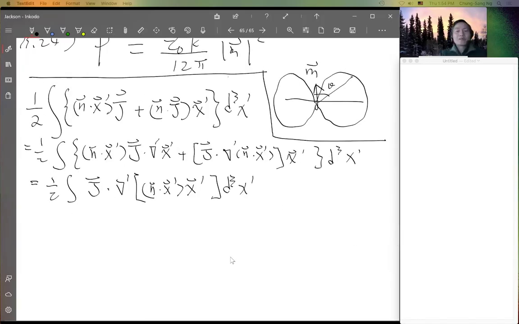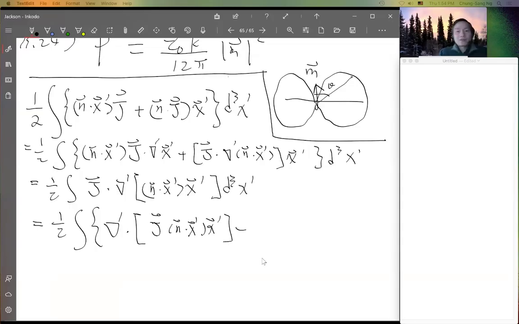Okay. Now that will allow us to do a different integration by parts, because again, we can rewrite this one as the divergence prime of J times this vector N dot x prime in the x prime direction, but then minus the divergence prime of J times this one, and multiply by this vector N dot x prime, integrated over x prime.